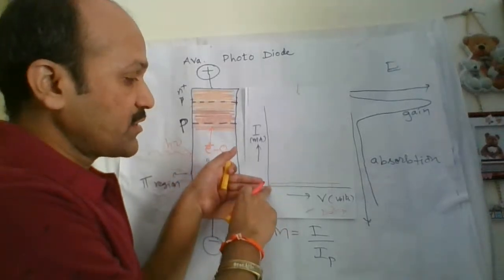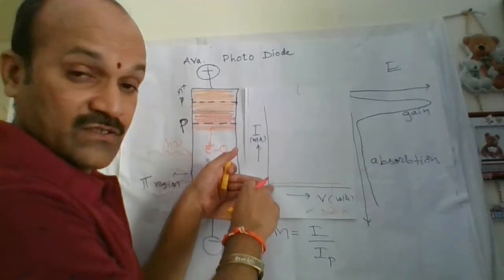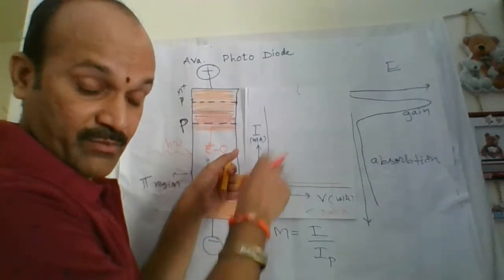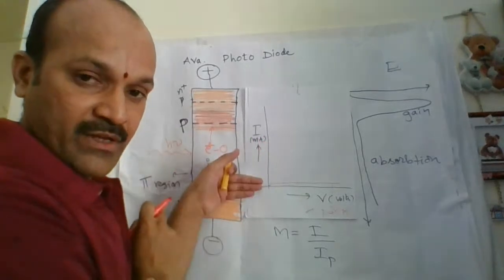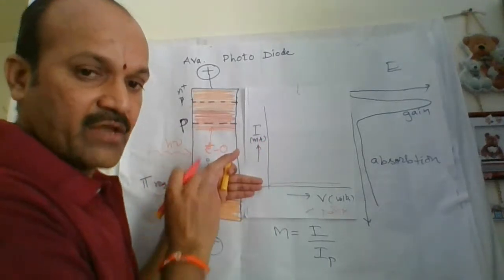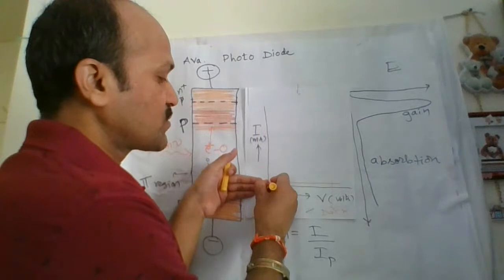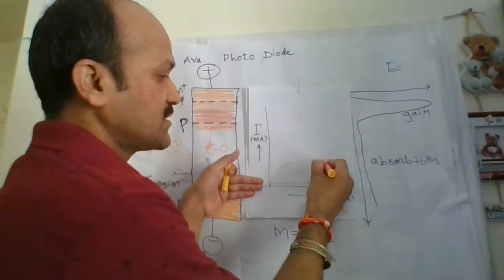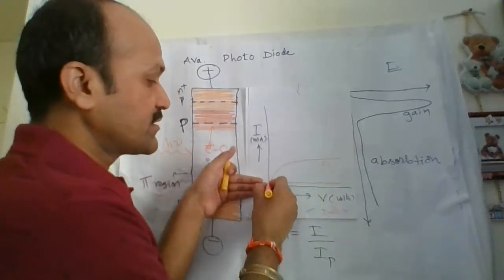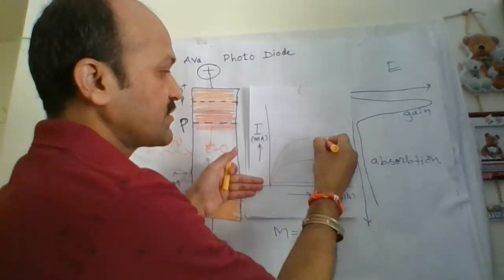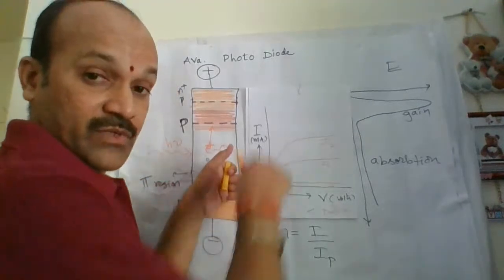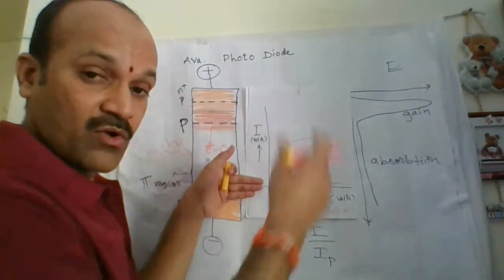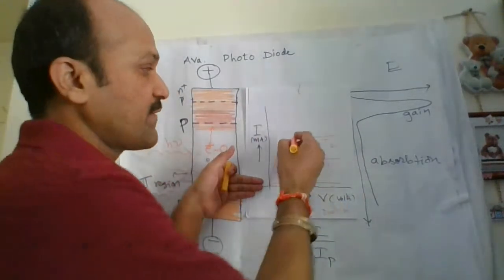Now, before incidence of any photon, when light is made incident, slowly the current increases. This is some intensity of light, and with further increase of intensity, current increases because electron hole pairs are generated.